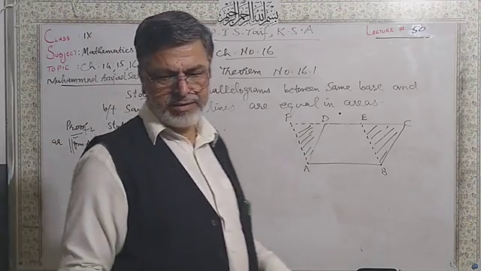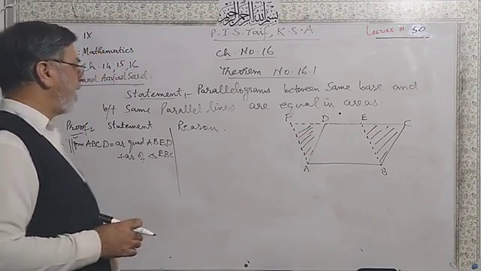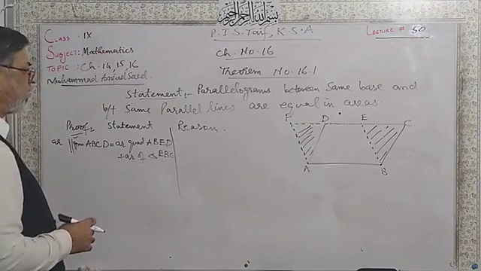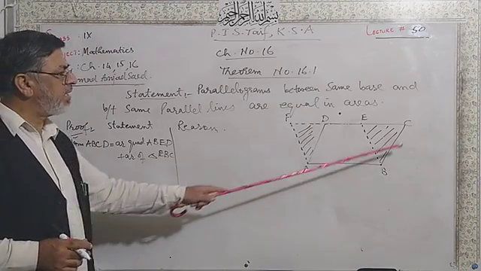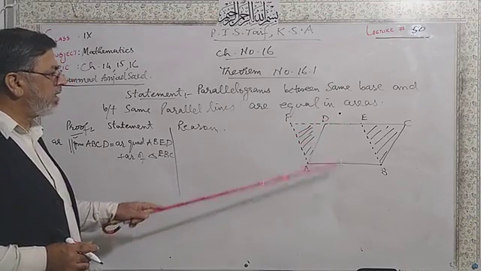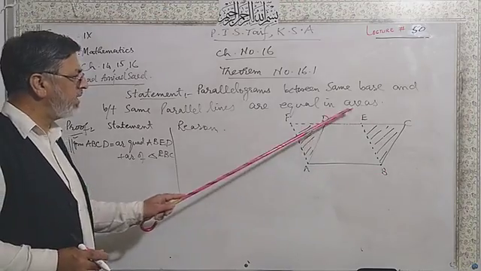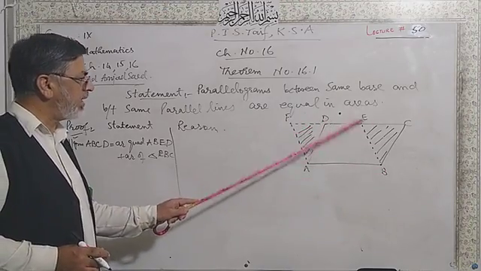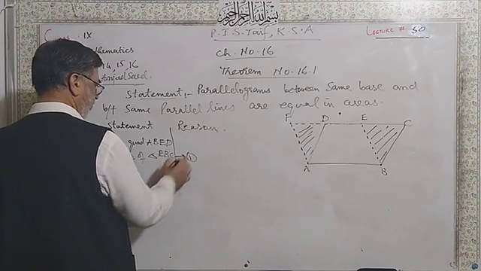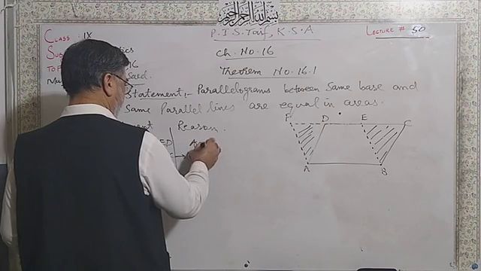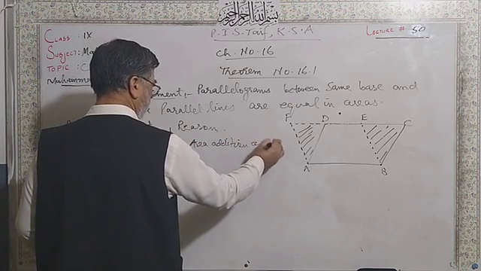You know that here is the addition of area axiom. This is number 1. Area addition axiom.